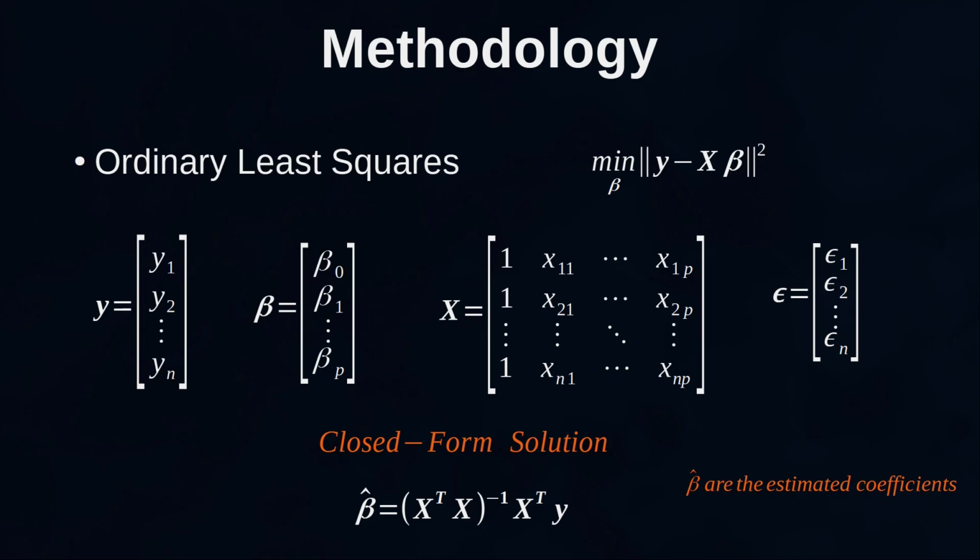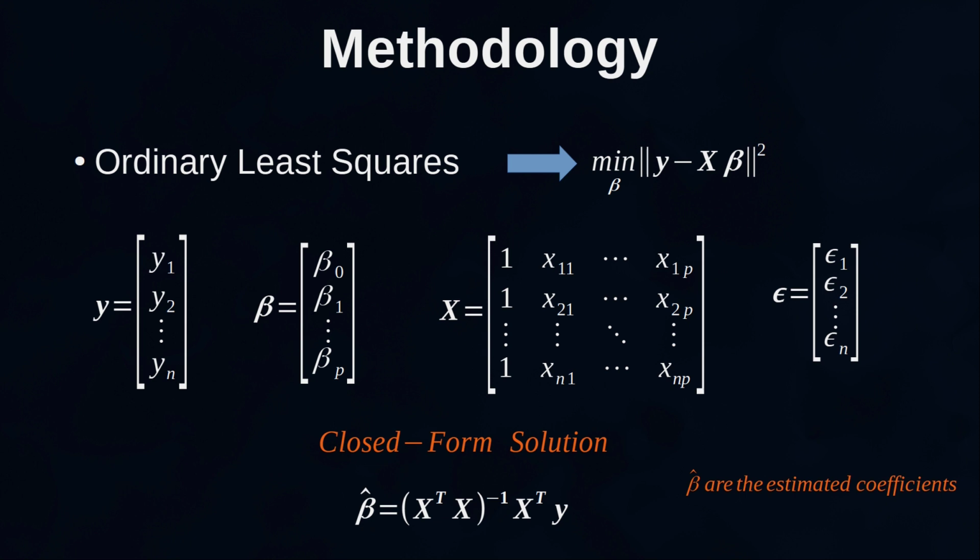The ordinary least squares defined in matrix form is similar to the one-dimension case. The first equation shows how the problem is formally posed, and that is essentially the same equation used previously, where the sum of all the squared residuals is calculated and then minimized.